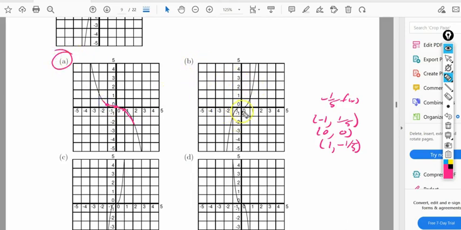Let's show that the others can't be that. I need -1 comma positive 1/5. So it's not going to be this one. -1 comma positive 1/5. It's not going to be that one. -1 comma positive 1/5. This is -1 positive 5. So the only thing it could be is A.